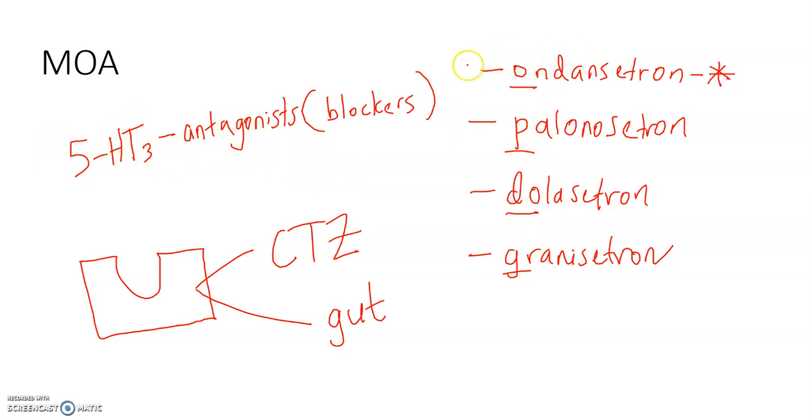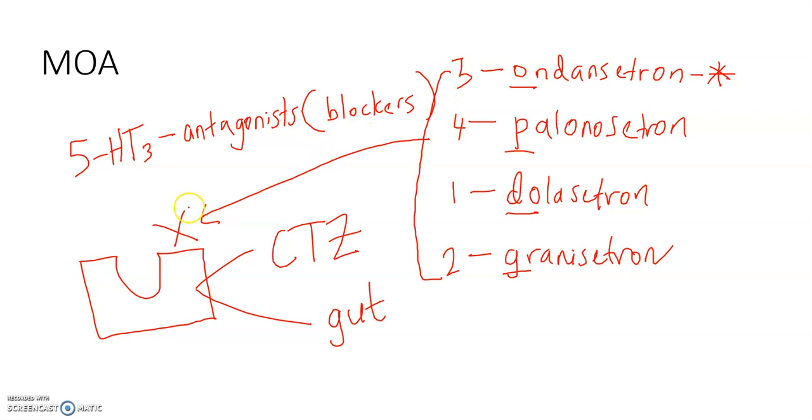All of these 4 drugs, one, two, three, and four, block the serotonin 3 receptor at the chemoreceptor trigger zone, and also in the gut.